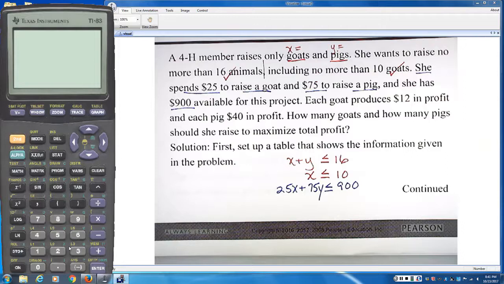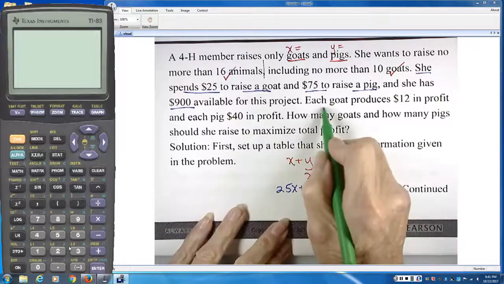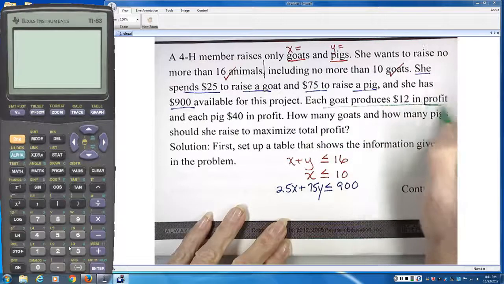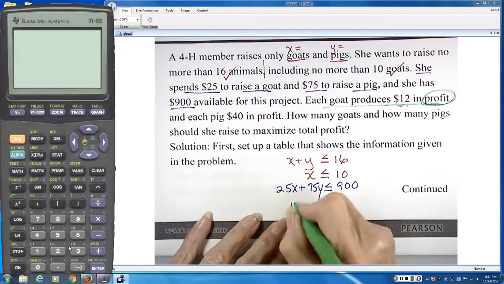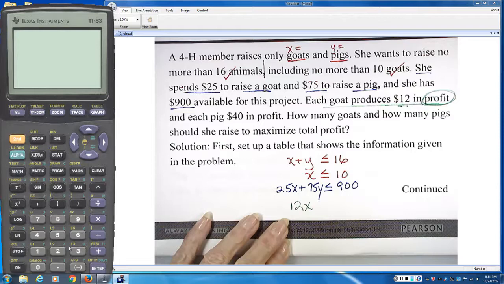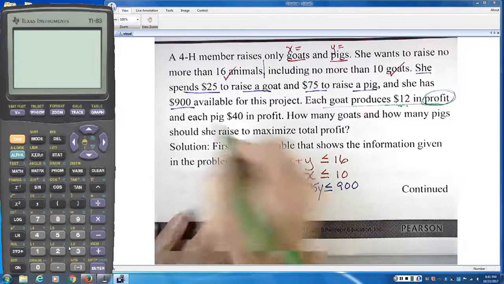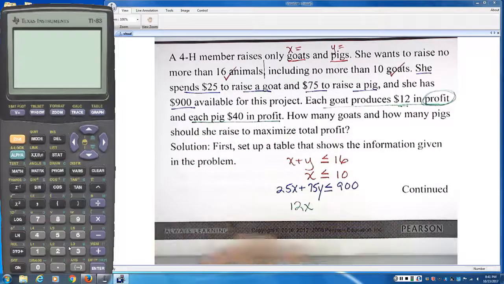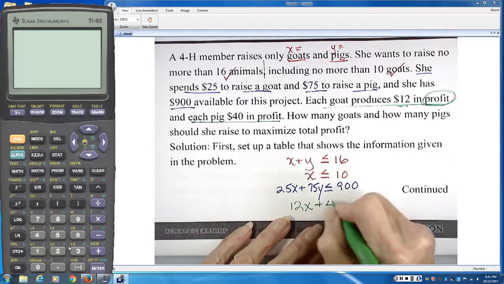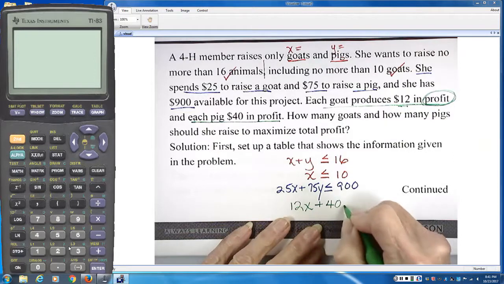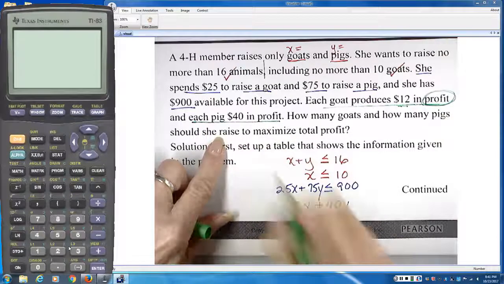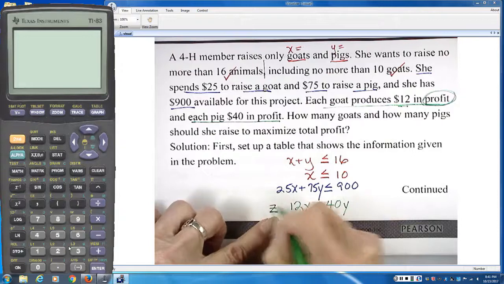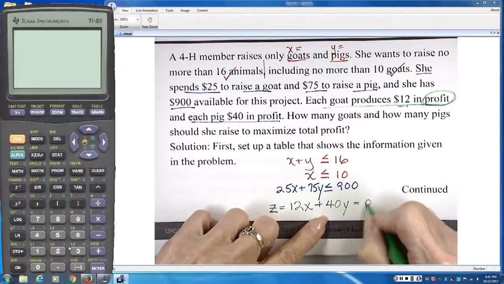We go to the next sentence. Each goat produces a profit of $12. That's 12x. And each pig produces $40. Because everybody likes bacon better than goat, I guess. So how many pigs and how many goats should she raise to maximize profit?